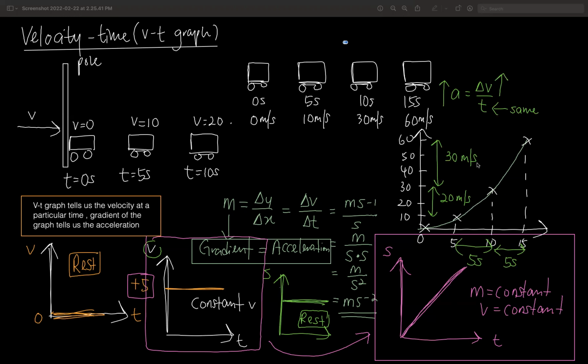Okay, so this is, what graph is this? This is a graph of non-uniform acceleration. Why do I call it non-uniform? Because your acceleration is changing. Non-uniform acceleration.